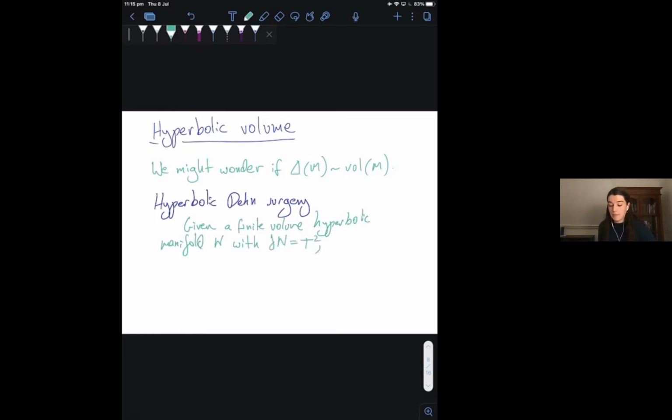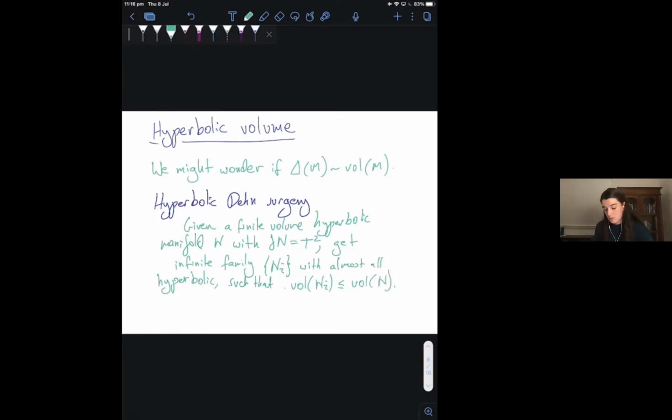And by all those gluing maps, this gives us an infinite family of three manifolds, almost all of them also hyperbolic, such that they've got bounded volume by the volume of the manifold that we started with.